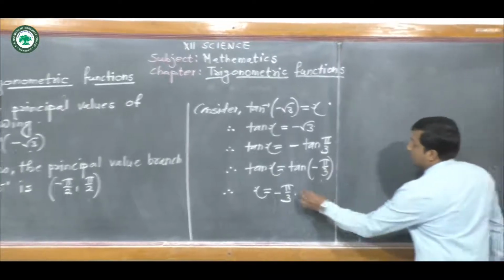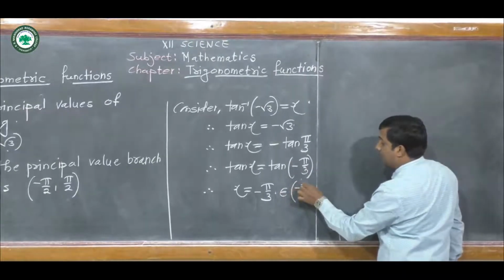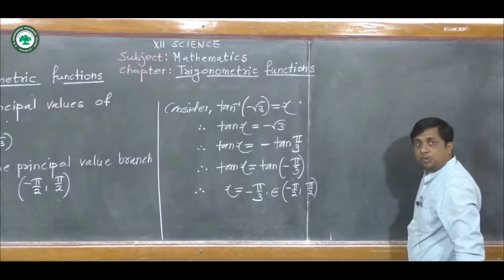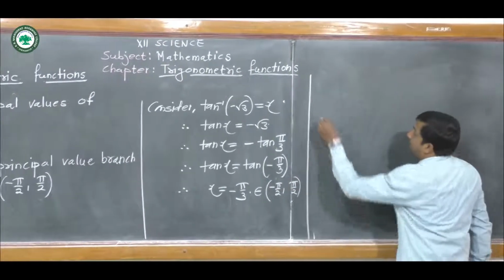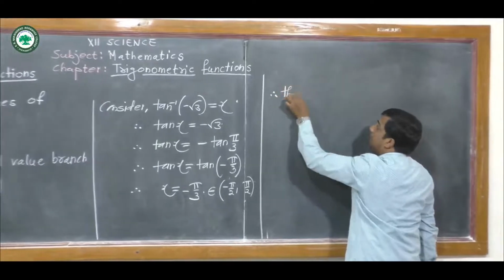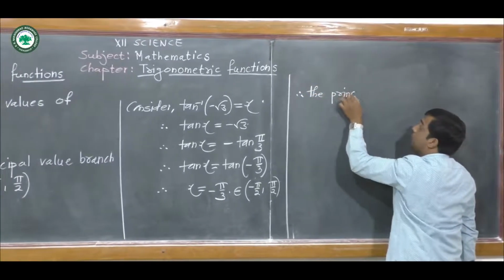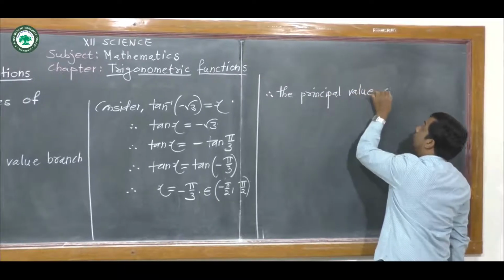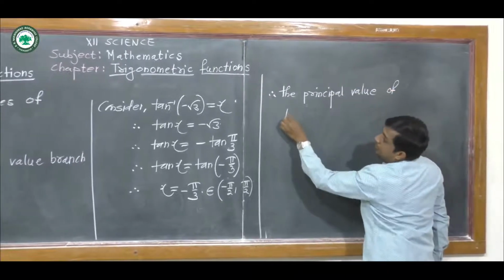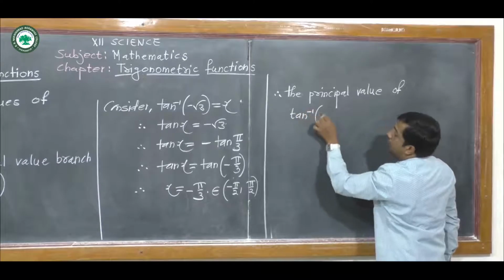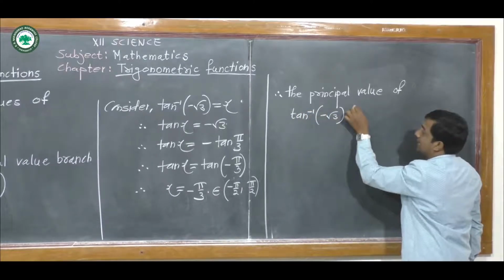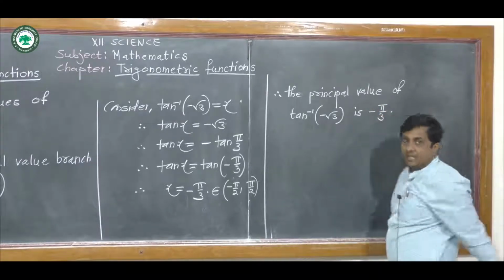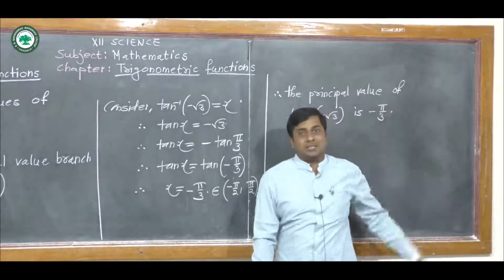Therefore the principal value of tan inverse of minus root 3 is minus pi by 3, and this is our final answer.